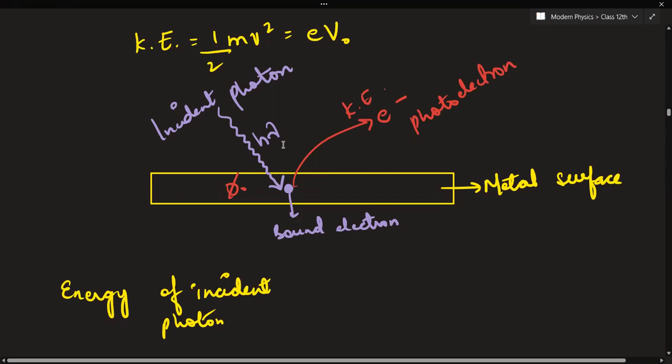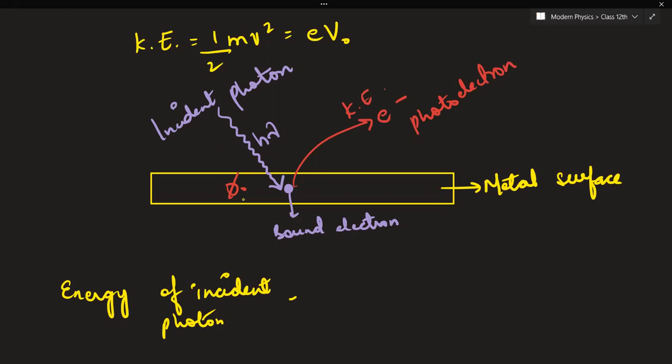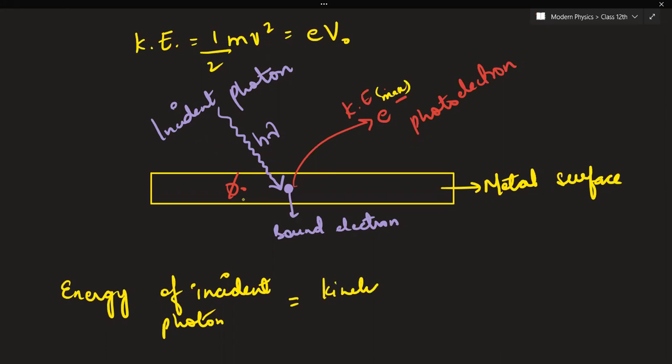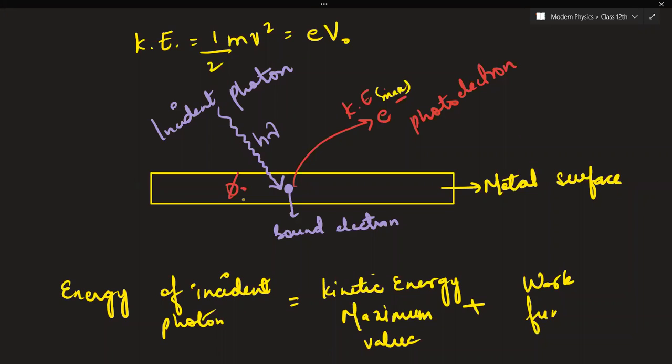The total energy that this incident photon is holding is not simply h nu. It has work function as well, and it has this maximum kinetic energy as well. So it has kinetic energy maximum value plus the work function. This is Einstein's theory.